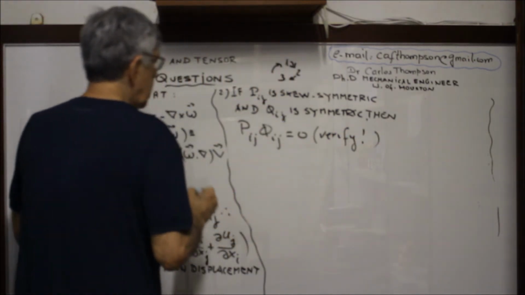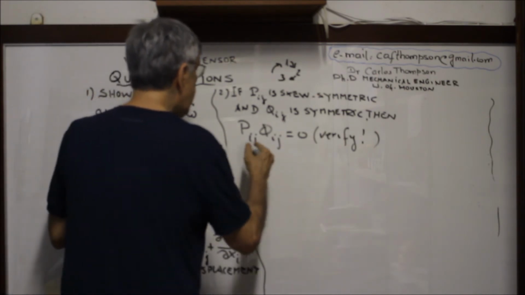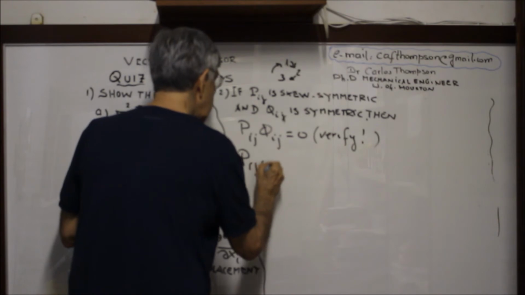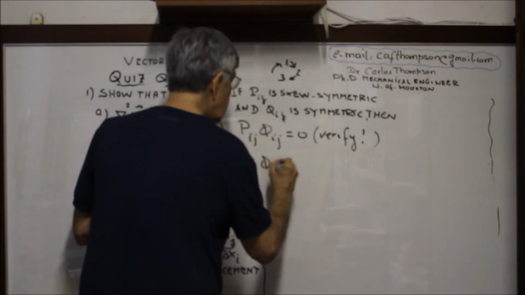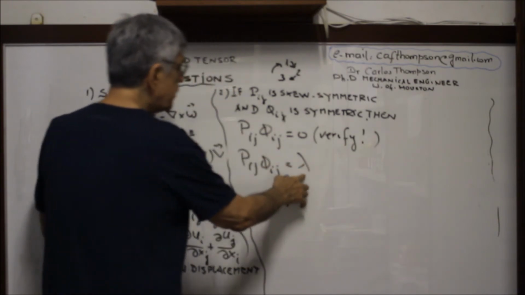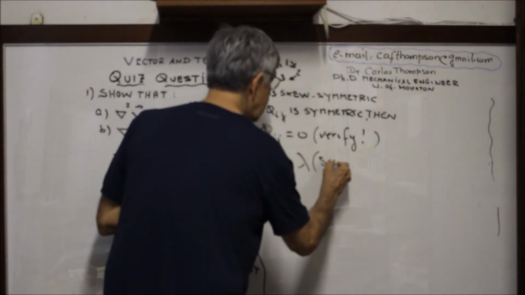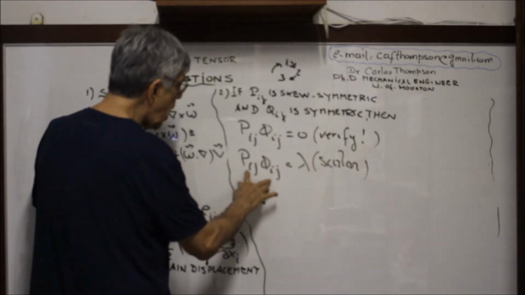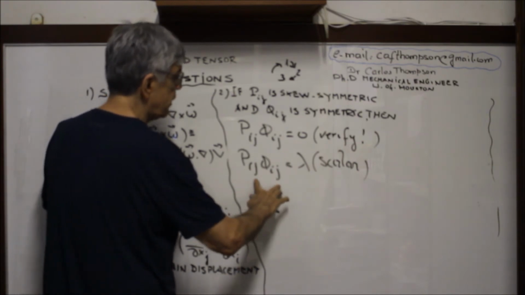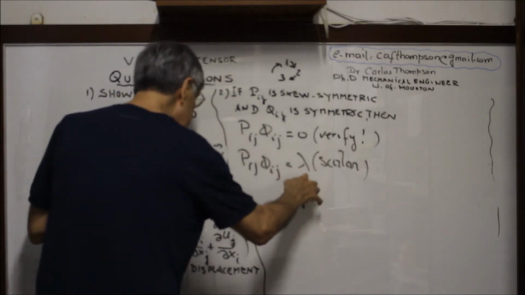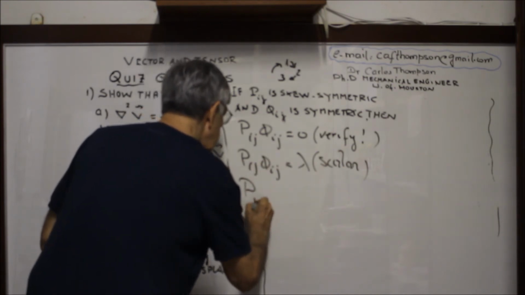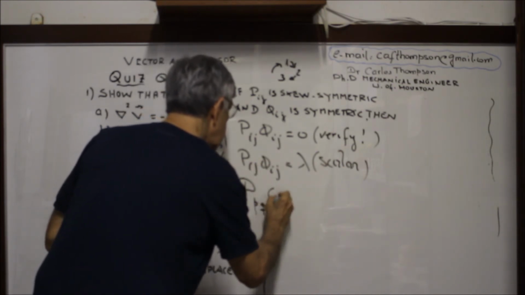Now, look, if I write Pij Qij is equal to lambda. Why lambda? This is a scalar, because i is dummy and j is dummy. The same lambda I can put like that, for instance PQ.